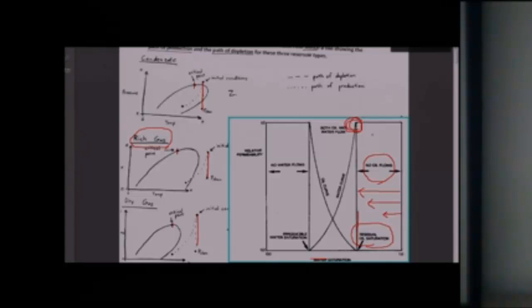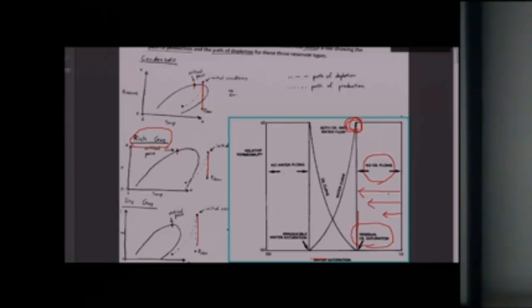Now, notice, let me back up, because I didn't really complete the condensate reservoir thing. As my liquid drops out and no longer flows, if that isn't bad enough, it clogs the pore spaces, so I get less gas.